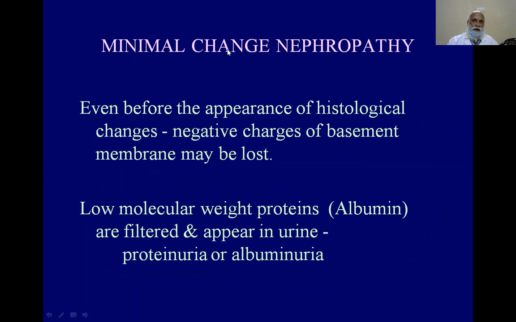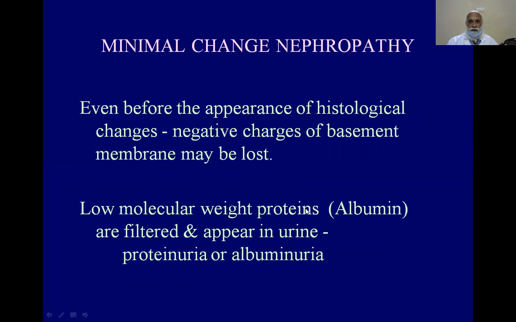Now, in minimal change nephropathy, even before the appearance of histological changes, that means even before you can see structural histological changes in the capillaries of the glomerulus, negative charges may be affected, may be lost. That will cause the leakage of albumin.